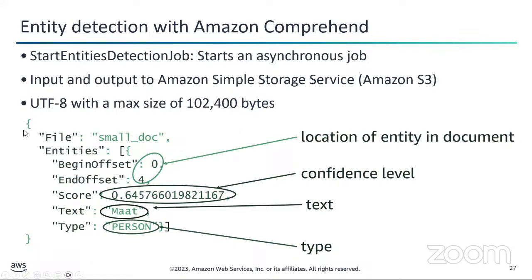So you can give it data in JSON format. This is a JSON object, JavaScript Object Notation, in curly braces, and it has key-value pairs. This is the key file, value small dog. Entities is a list; the square brackets mean a list. The list contains multiple sets of key-value pairs separated by commas.